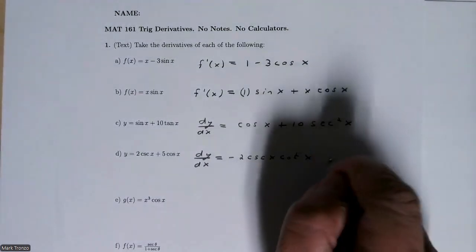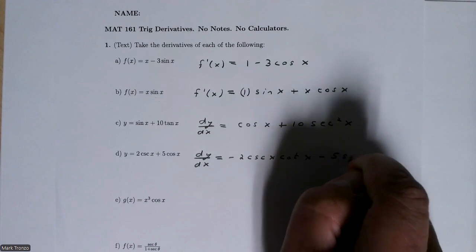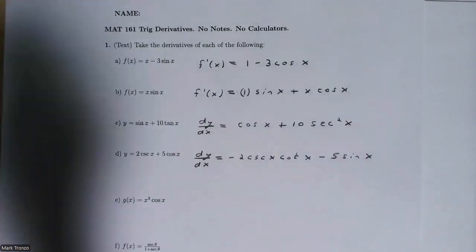Then over here, the derivative of the cosine is negative the sine, like this.